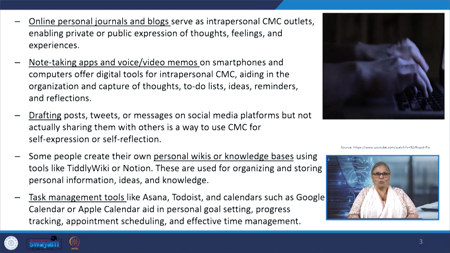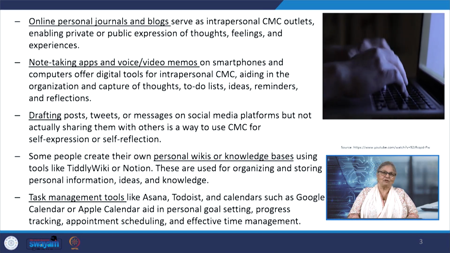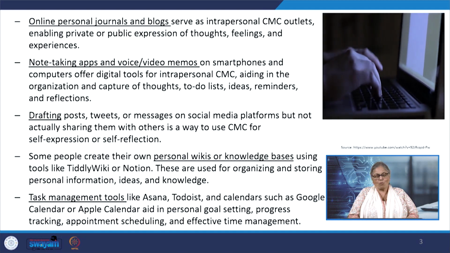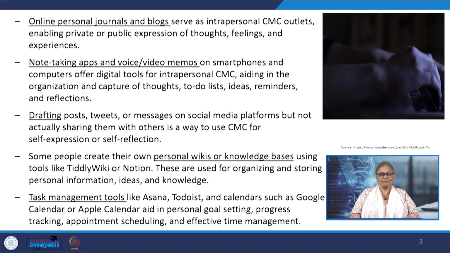Similarly, drafting posts, tweets, or messages on social media platforms but not actually sharing them with others is also a way to use CMC for self expression or self reflection.